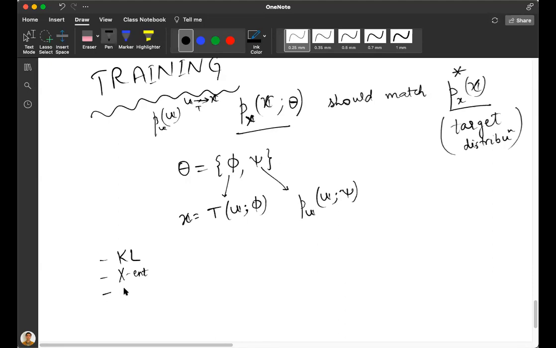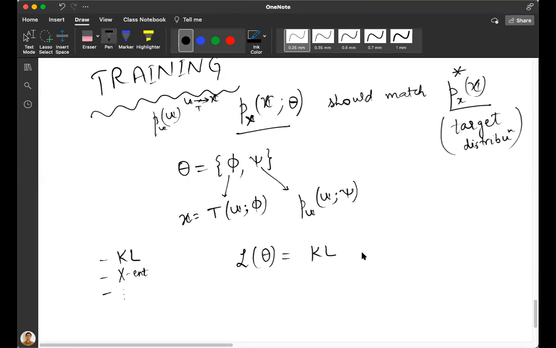Yes. And there are other kinds of divergences also defined, but they are mathematically well defined, but computationally a little complicated. So we will not do it that way. But let's start with KL divergence. Let's define our loss function, L theta, as the KL divergence between what?